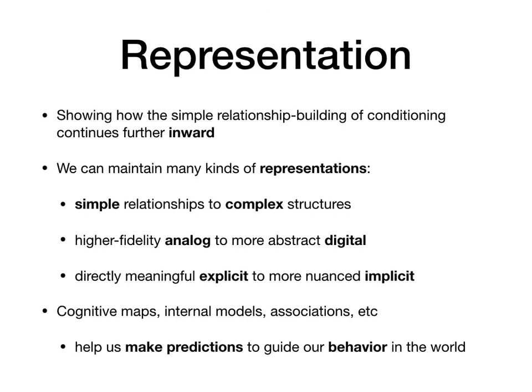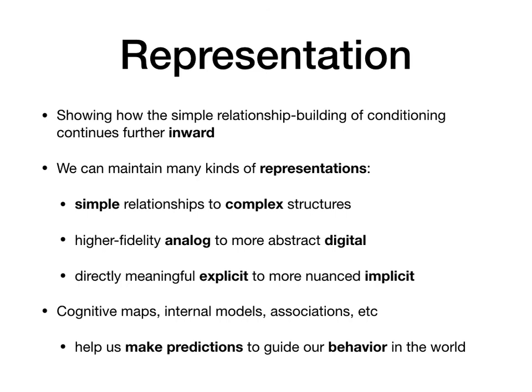So there's lots of kinds of representations. There's very simple ones, like the simple contingency of, oh shoot, there's light, I move, versus more complex structures like, hey, what's the dominance hierarchy around here in Birdtown? There's also higher fidelity analog representations, more like mental imagery, versus more abstract digital representations, more like words and numerical representations that your computer uses.